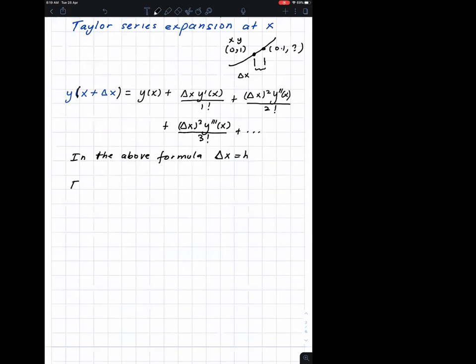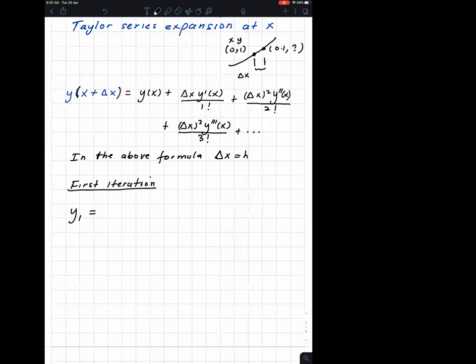Okay, when you do the first iteration, we want to find y1. We know what y naught and x naught are. To find y1, y1 is the point that you're trying to find at x plus delta x.